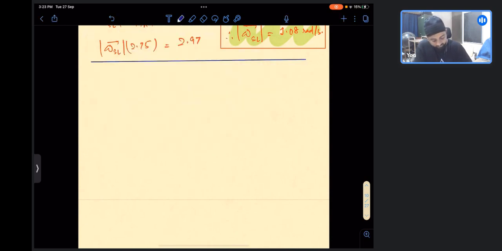Acceleration of P, we can write in many ways with respect to many points. Let us write it with respect to point C, which is the ICR of this problem at this instant. So acceleration of C plus omega disk cross R of P with respect to C plus alpha disk cross R of P with respect to C.